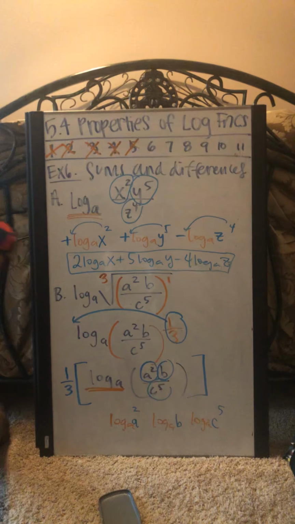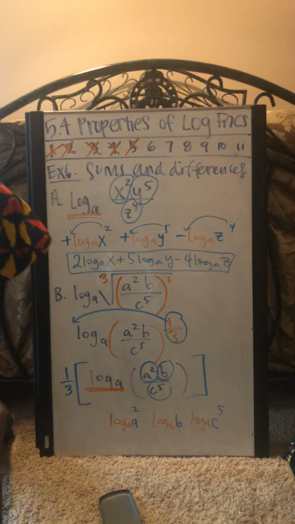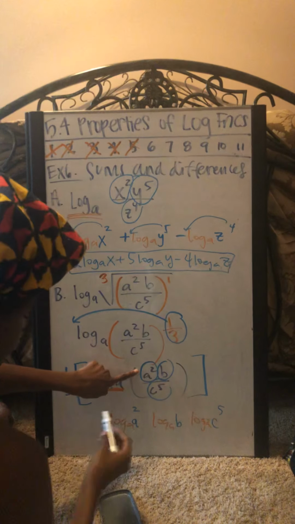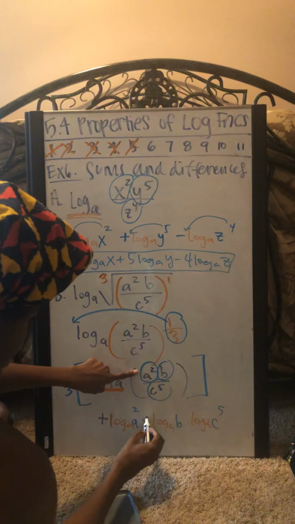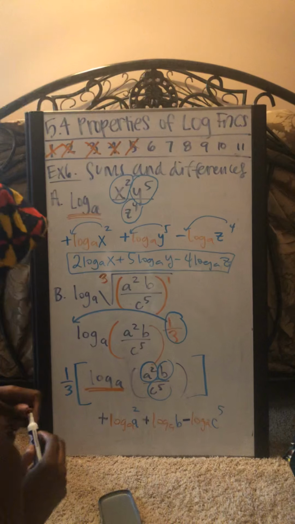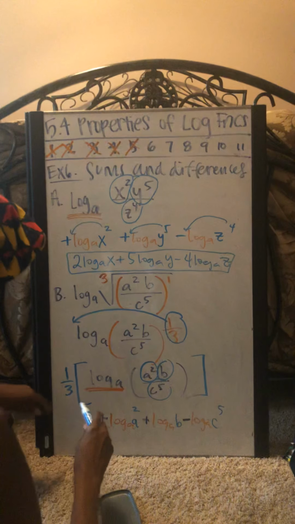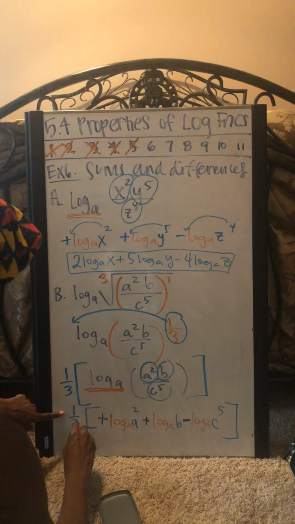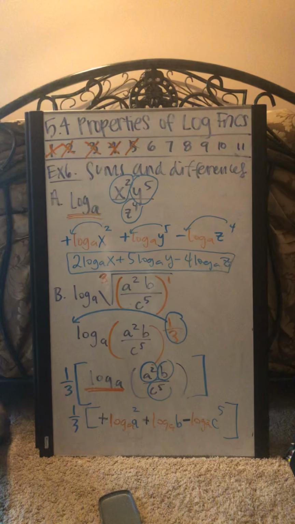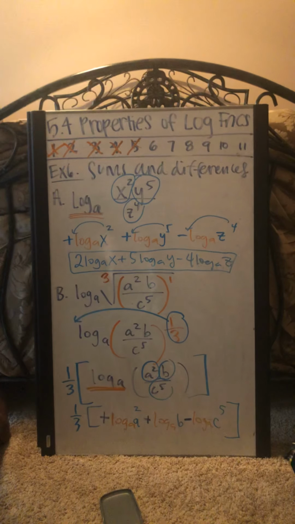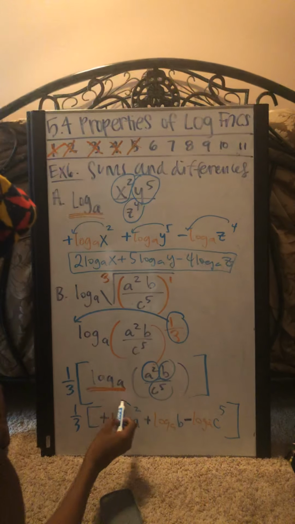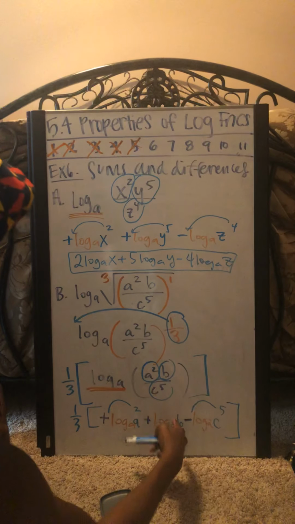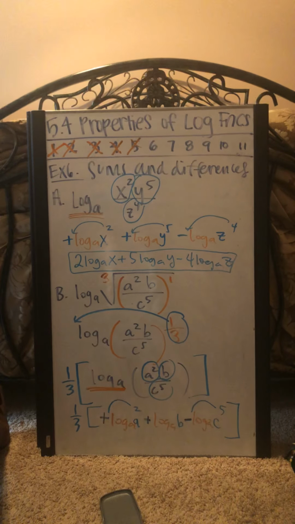Now, from here, we need to determine whether it's going to be positive or negative. If it's on the top, it's positive, so we have positive, positive, negative. And now, don't forget, all of this is being multiplied by this 1/3 on the outside, okay? So now, we're going to rewrite this entire thing, except we're going to use rule 4 and bring down these powers. This one doesn't have a power, so it's going to stay where it is, okay?